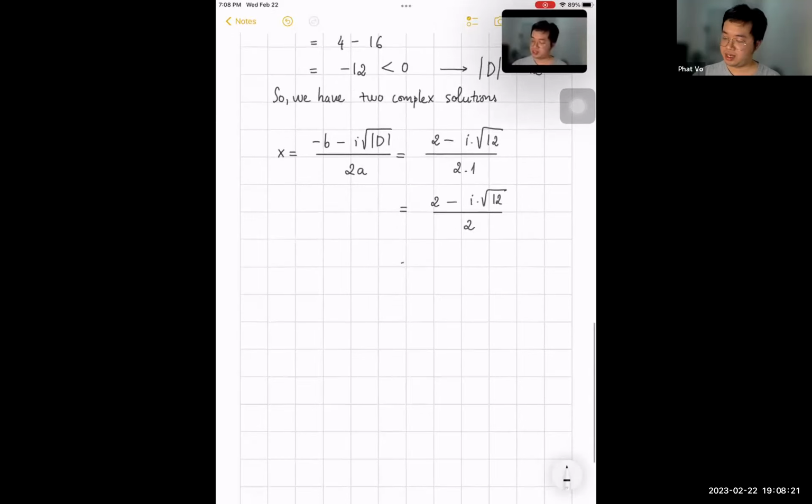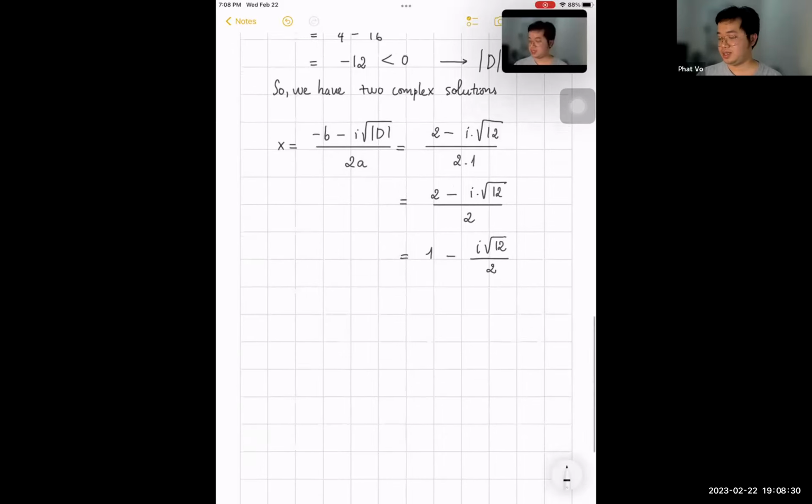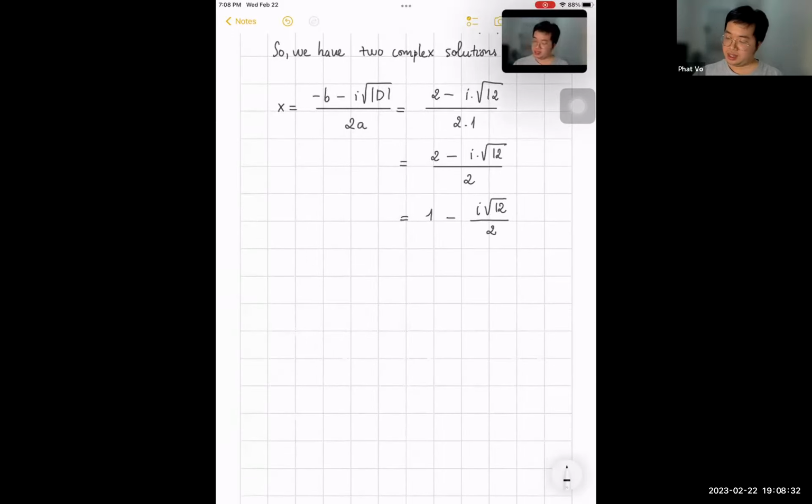Okay, we need to simplify this. 2 over 2 is 1 and minus I square root of 12 over 2. Okay. And now you can simplify more because the square root of 12, you can write it as 4 times 2, right? No, sorry, 4 times 3. Sorry for this. It's 4 times 3, not 4 times 2.